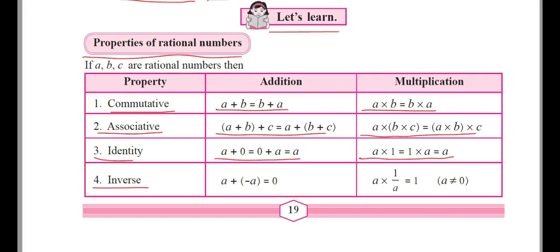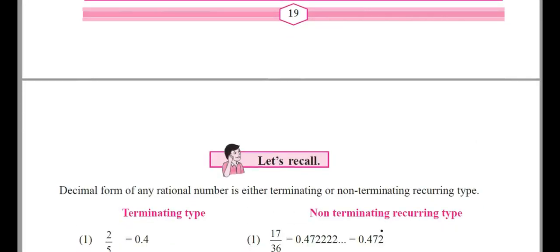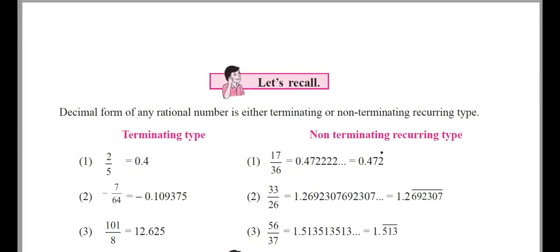Identity: A plus 0 is equal to 0 plus A is equal to A. A into 1 is equal to 1 into A is equal to A. Inverse property: A plus (minus A) is equal to 0. A into 1 upon A is equal to 1.